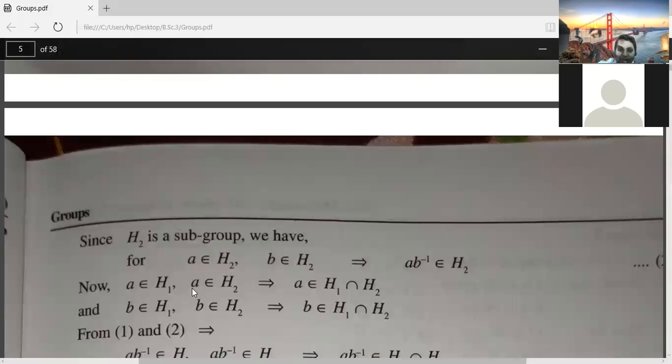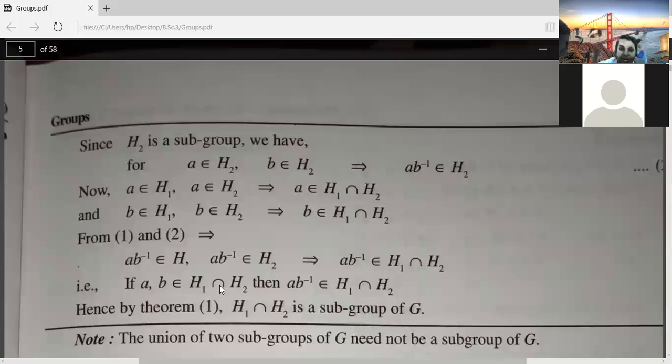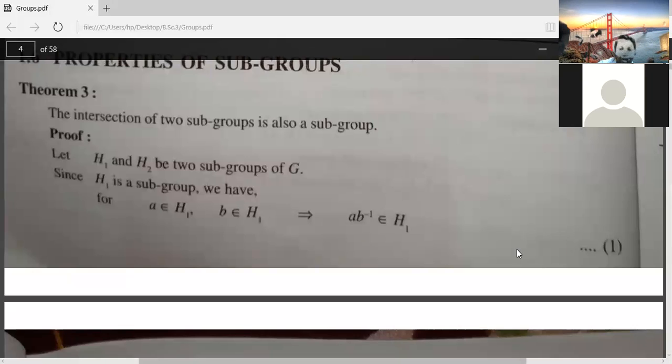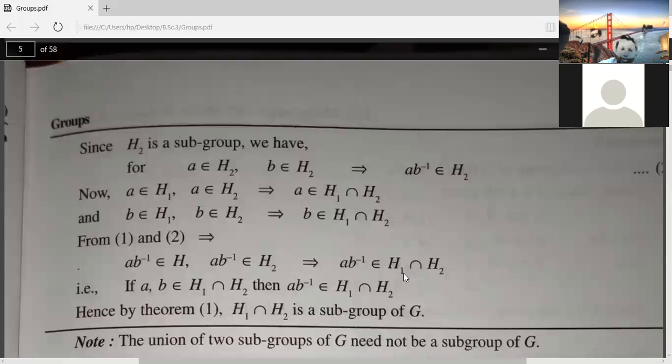Then a belongs to H1, a belongs to H2, which implies a belongs to H1 intersection H2. Similarly b belongs to H1 intersection H2. Then a b inverse belongs to H1 and a b inverse belongs to H2, so a b inverse belongs to H1 intersection H2.